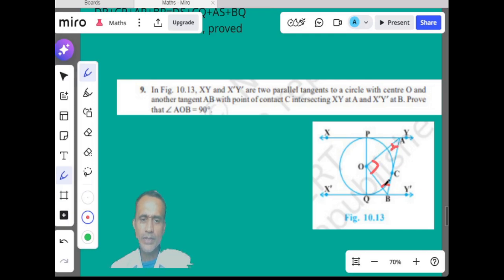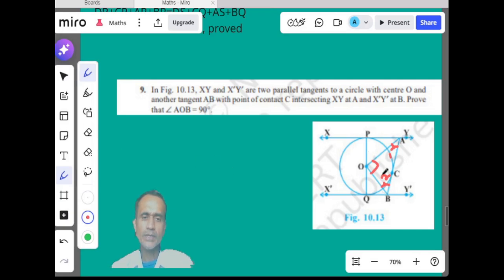We are given that these lines are parallel and this is a tangent. So it is easier to prove that the sum of this angle, let it be 1, and this angle 2, so 1 plus 2 is 90 degrees. It is easy to prove. Why? Because we are given that these two lines are parallel and this is a transversal. So we can use some properties of parallel lines.